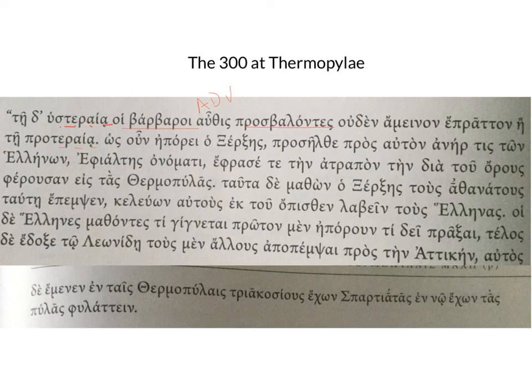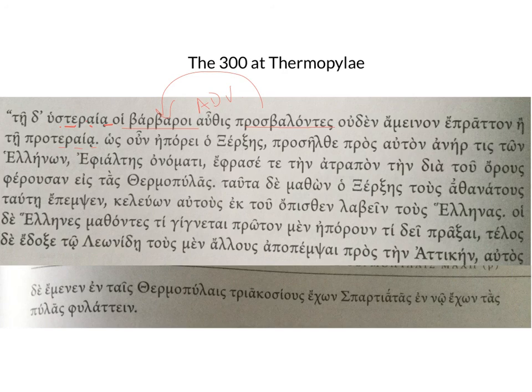In this case, it's active, it is masculine, it is nominative, and it is plural, referring back to the barbaroi. So on the next day, the barbarians again, and prosballo means attack. Attacking again.